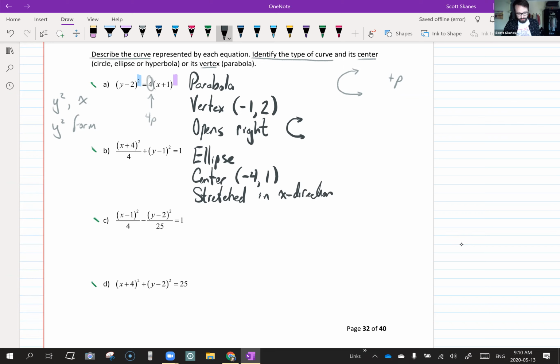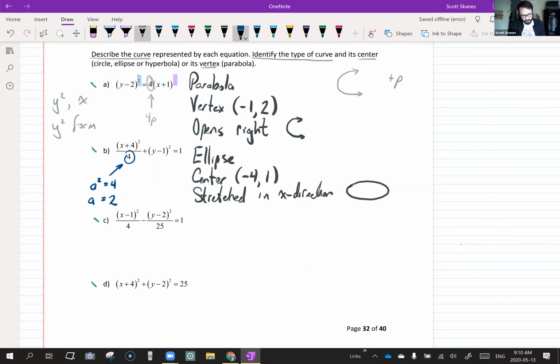And what I mean by that, if you just wanted to draw the sketch, it would look like this, yeah? Because a, that's the bigger number, that would be a squared. So it's related to the x, it means that it would be stretched in that x direction. Don't get confused with the hyperbola stuff we came up with before. So that would mean this, just in case you're thinking about it.